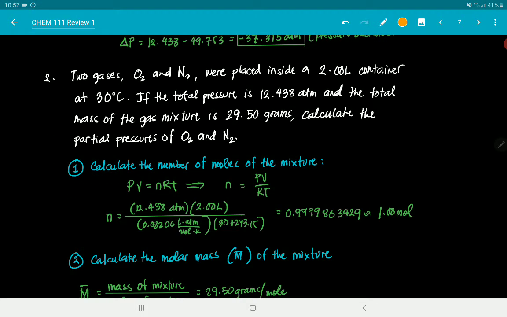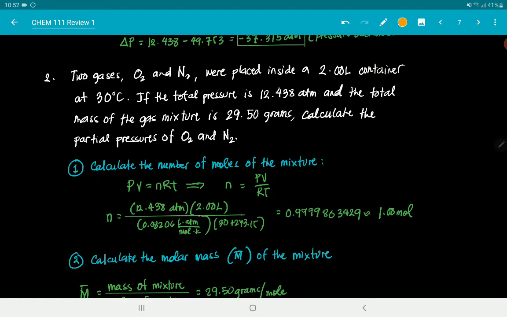So for number 1, or if we'll do this step by step, first we will calculate the number of moles of the mixture. So using PV equals nRT, this is n equals PV over RT. So you'll get the number of moles of the mixture. This P is the total pressure of the mixture.